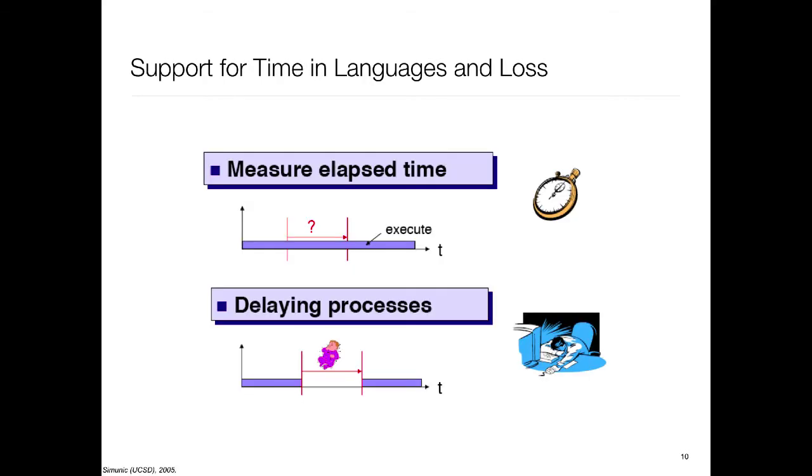So as a result, support for time has emerged in languages and design tools, and sometimes it's directly native to the language, and sometimes it is APIs that are offered to you by the underlying operating system.